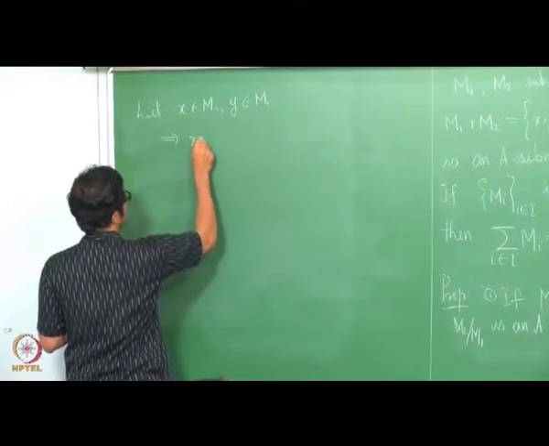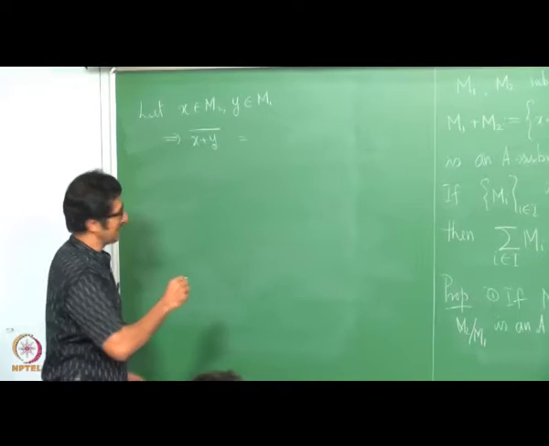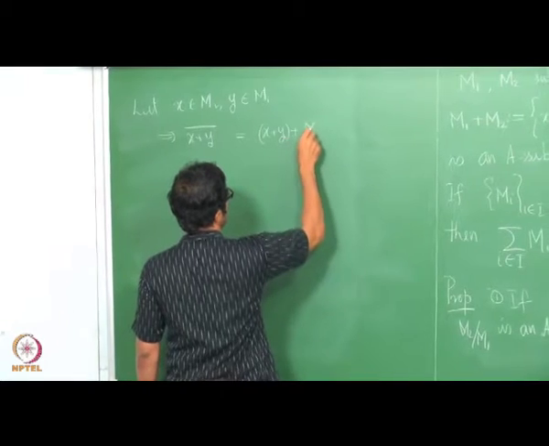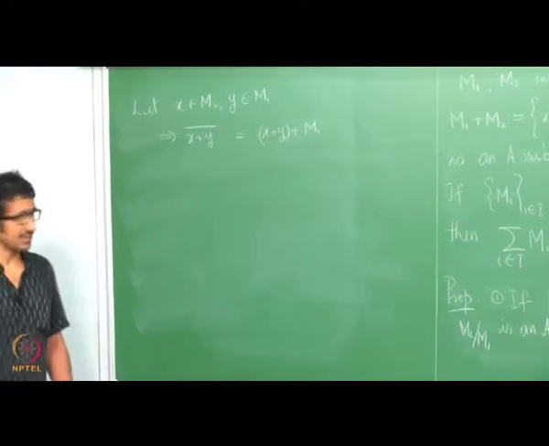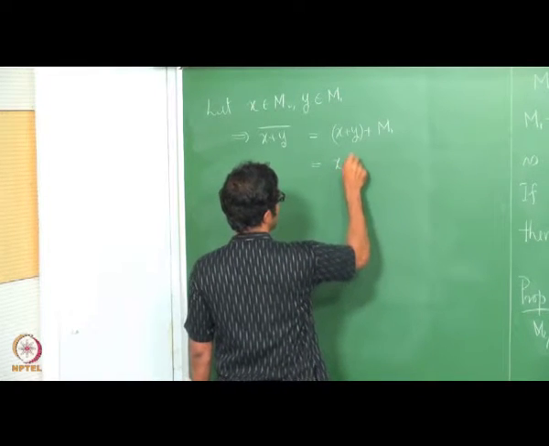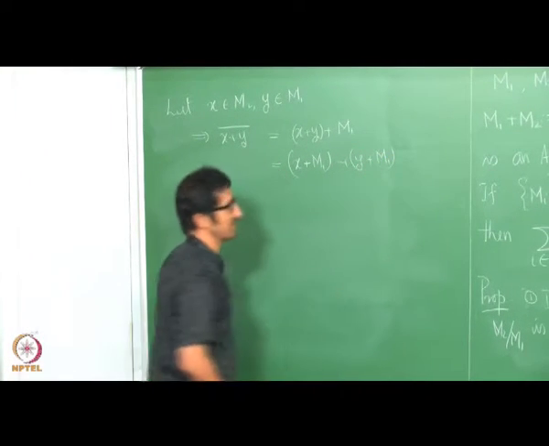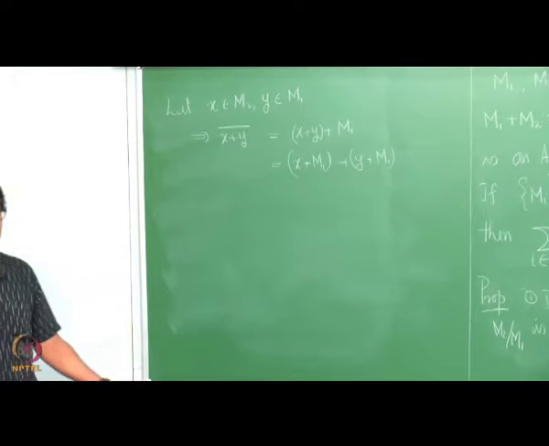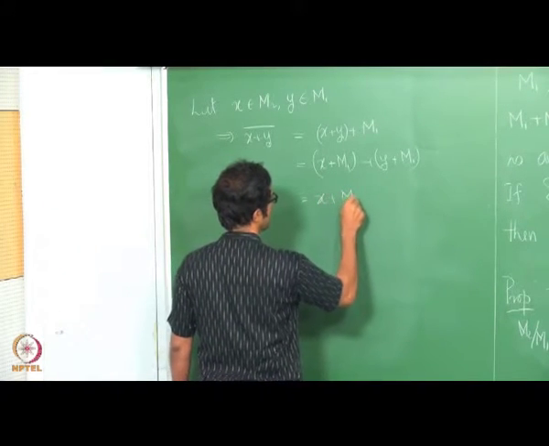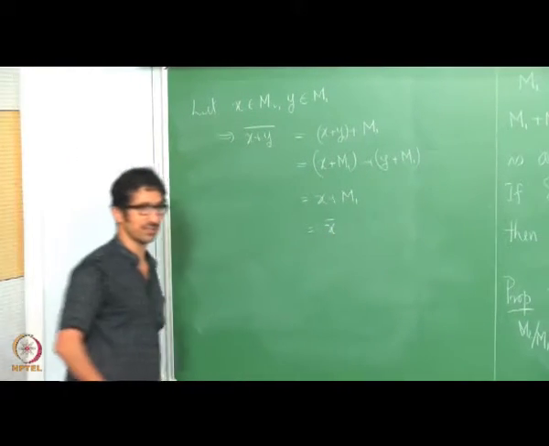Then x plus y whole bar is the same as x plus y plus M1, but by definition in the quotients, this is the same as x plus M1 plus y plus M1. But what is y plus M1? It is the same as 0 in the quotient module. So, this is equal to x plus M1, or in other words, this is the same as x bar.